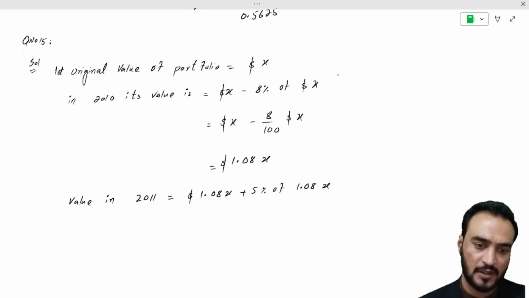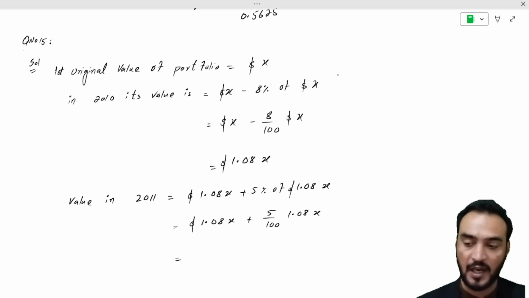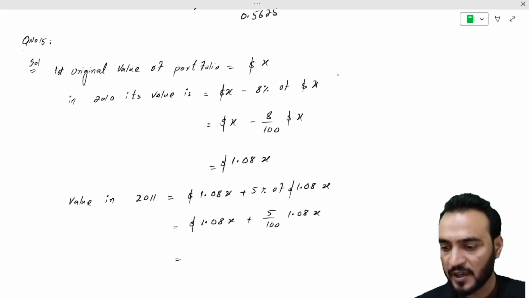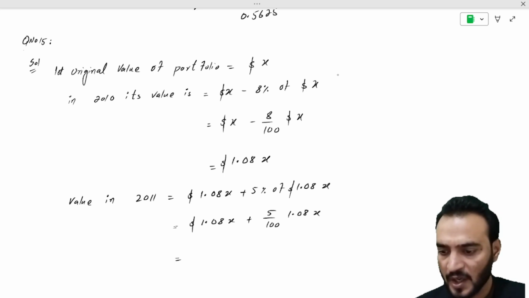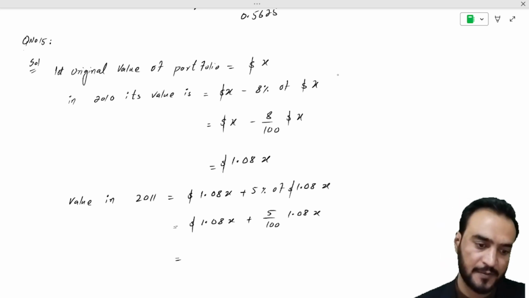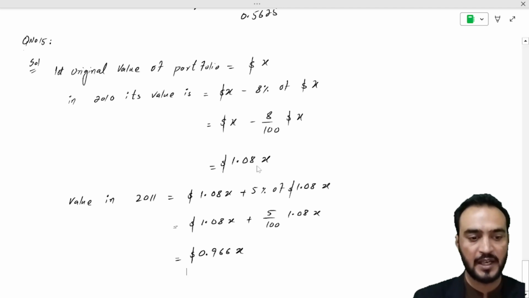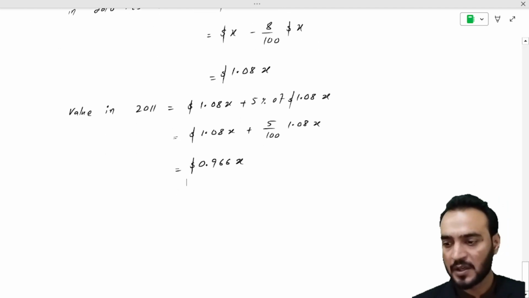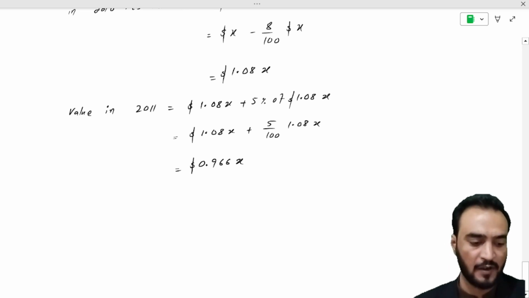So this becomes 0.92 times X plus 5 over 100 times 0.92X. Simplifying that, we get the value in 2011, which is 0.966X dollars. This is the value of the portfolio in 2011.